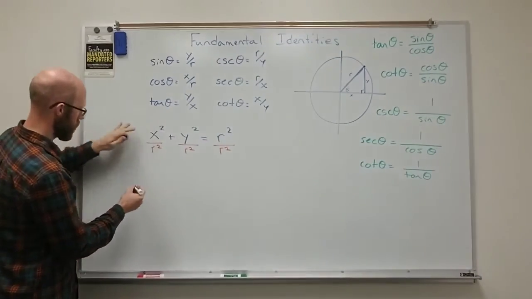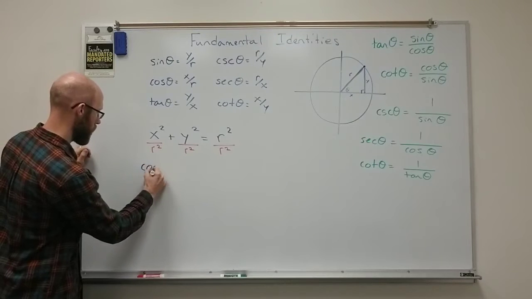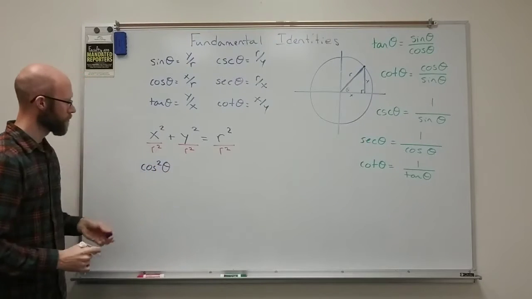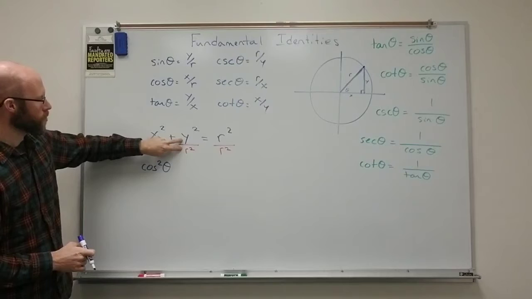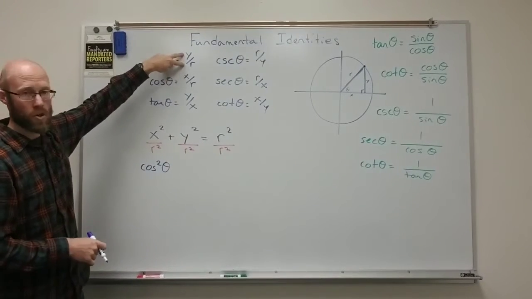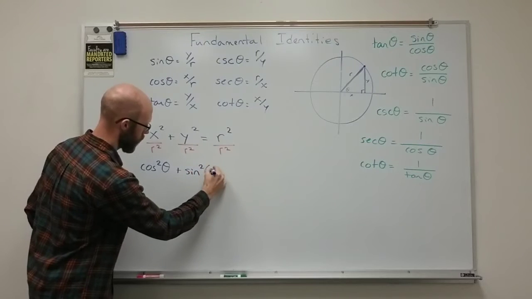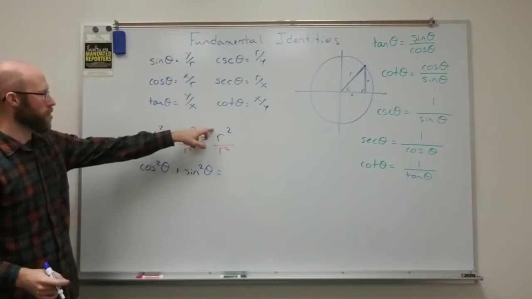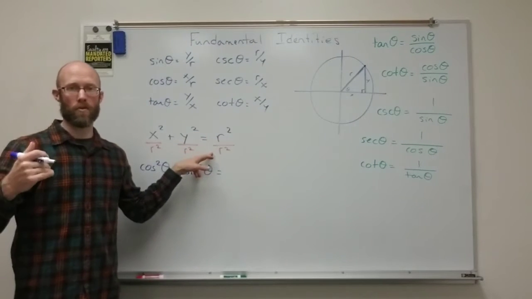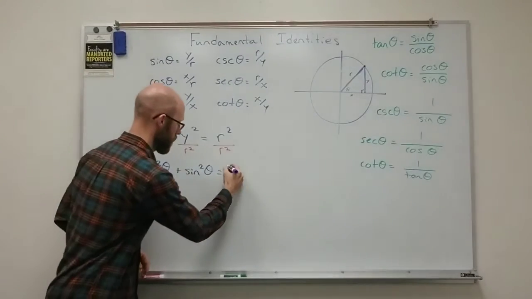So this expression is the cosine squared. Y squared over r squared is the square of the sine, so this is sine squared. And r squared over r squared, well, same thing over itself is always 1.